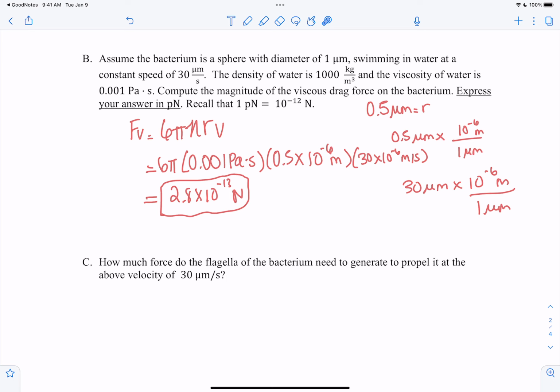Honestly, the whole idea here is that you should have your micrometers cancel out. You should have 0.5 times 10 to the negative 6, and you plug that into the whole thing. I wouldn't worry about calculating what this is individually. I would just cancel out these units and know that 0.5 micrometers is 0.5 times 10 to the negative 6 meters.